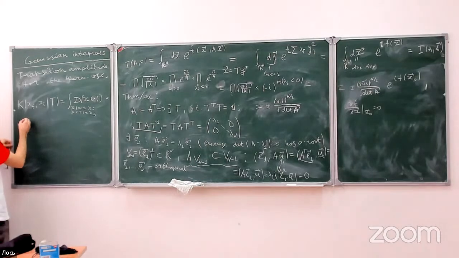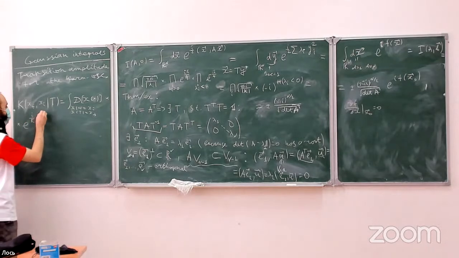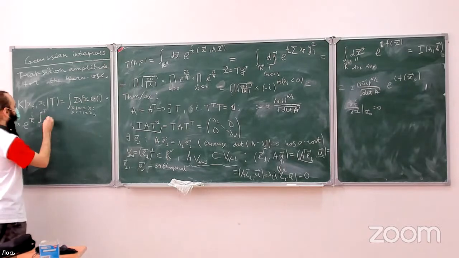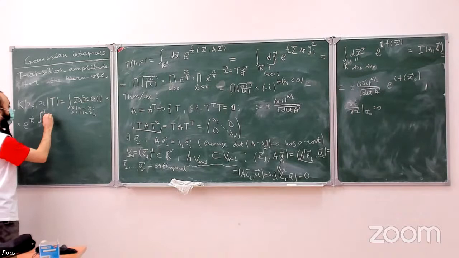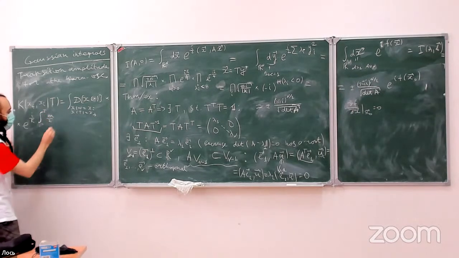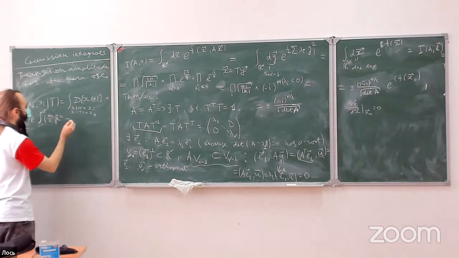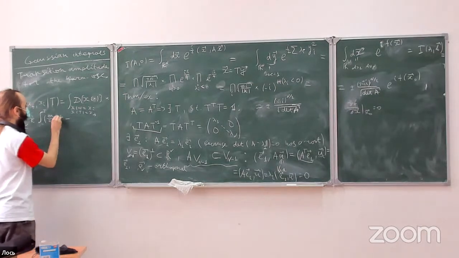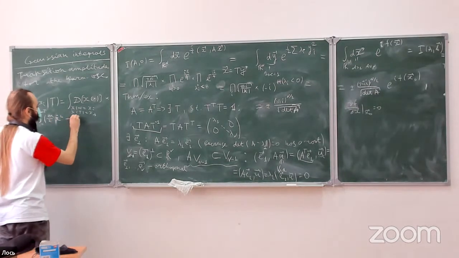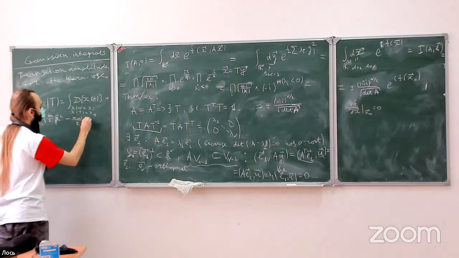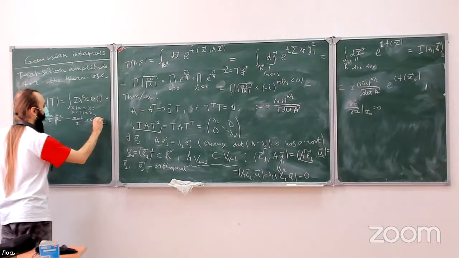The integrand is i over h bar times the classical action of the oscillator. So it's the integral from 0 to t of m over 2 x dot squared minus m omega squared over 2 x squared times dt.